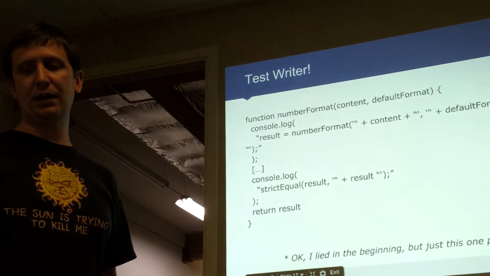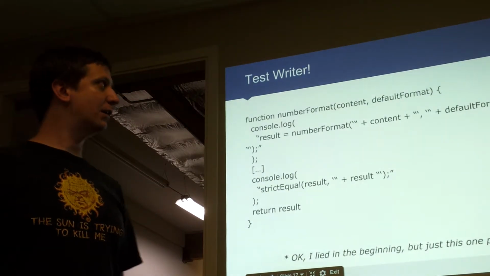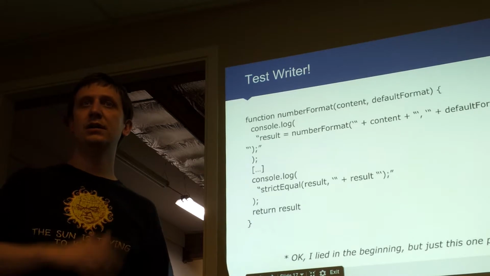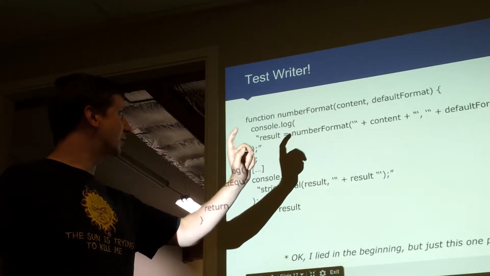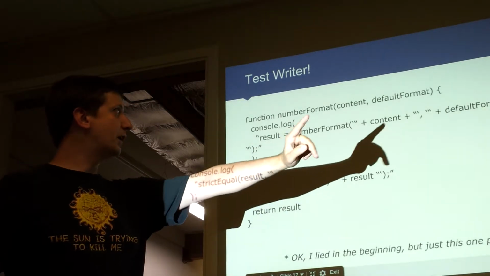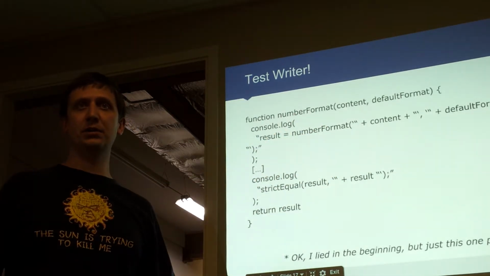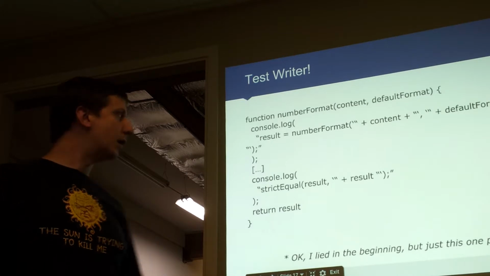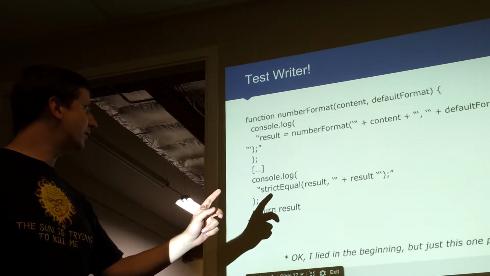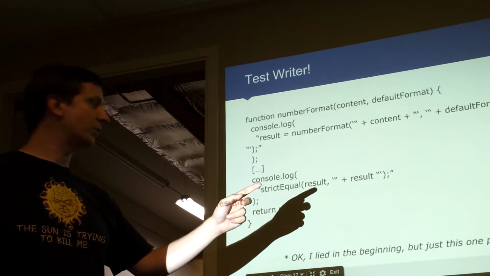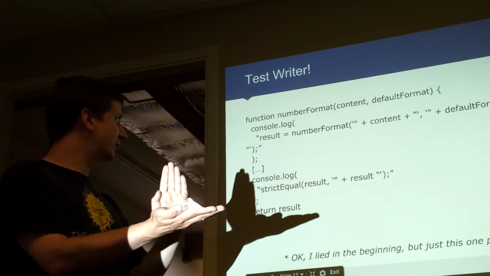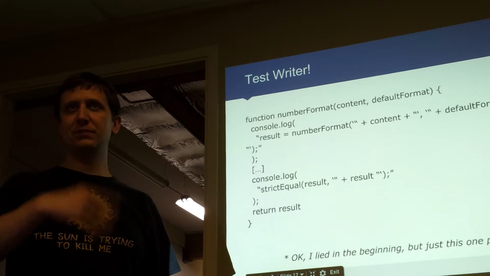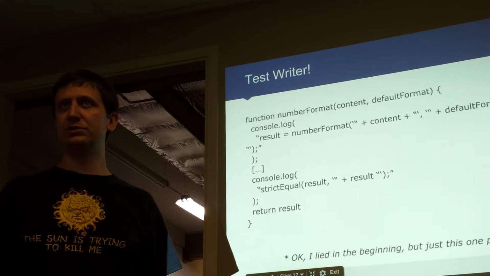And then I came upon the idea to just have the code write its own tests. Basically, I added a console.log statement in there, and I printed out what ends up being valid JavaScript to call this method. Then at the end of the method, I figured out what the result was right before I returned it, and wrote a strict equal, which is how I think QUnit was doing it.